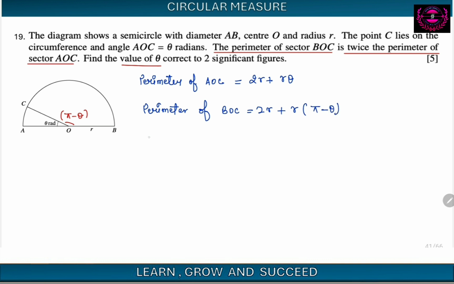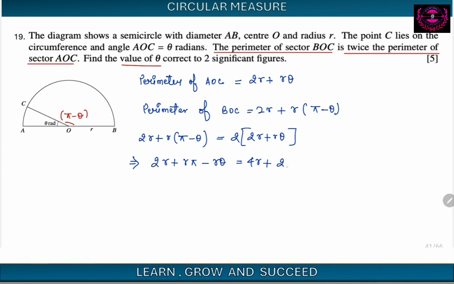Now it is given that the perimeter of BOC is twice the perimeter of AOC. So 2r plus r(pi minus theta) is twice of (2r plus r theta). This implies 2r plus r pi minus r theta equals 4r plus 2r theta.